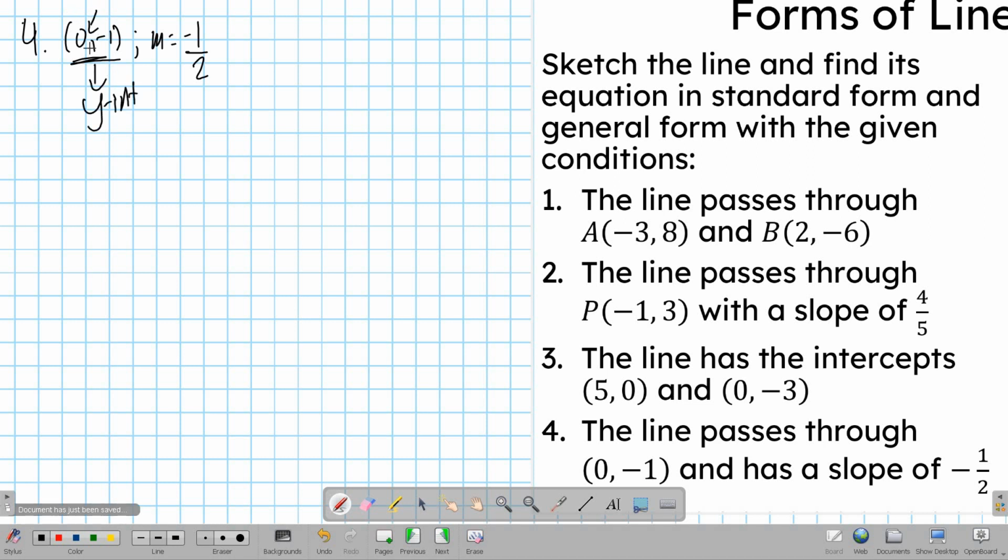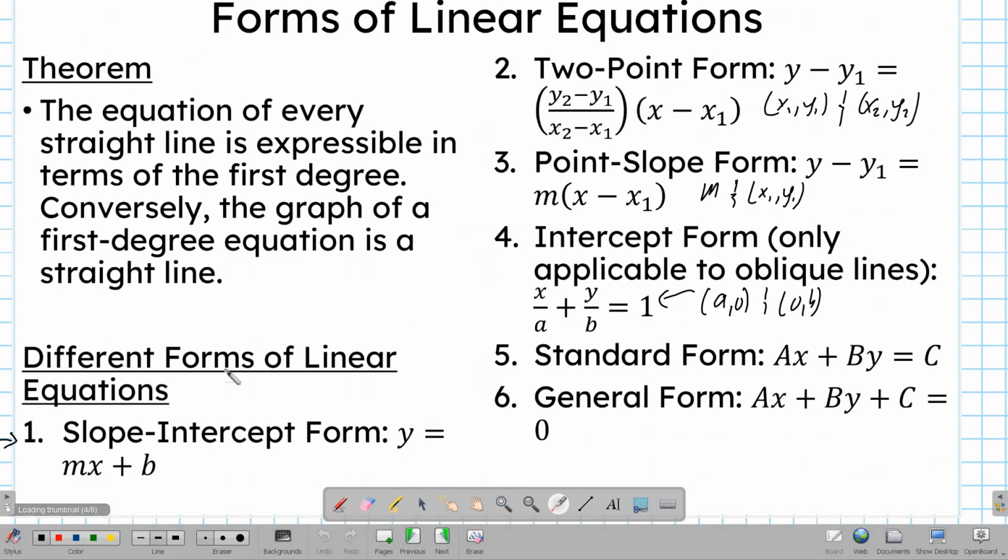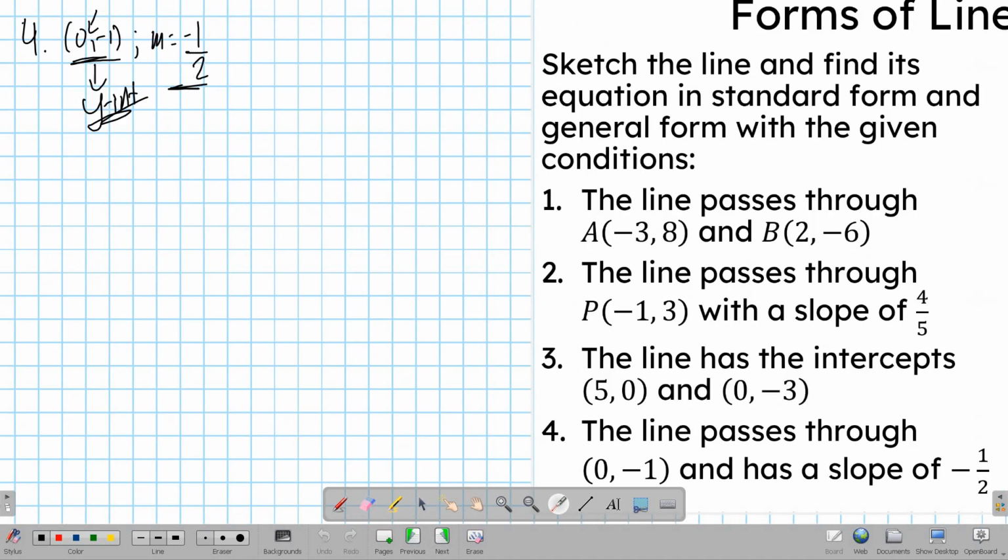Kasi, that is 0. So, you have a slope, and you have a y-intercept. Baka pwedeng idiretso mo na siya ng slope-intercept form, since what we have is a slope and a y-intercept.